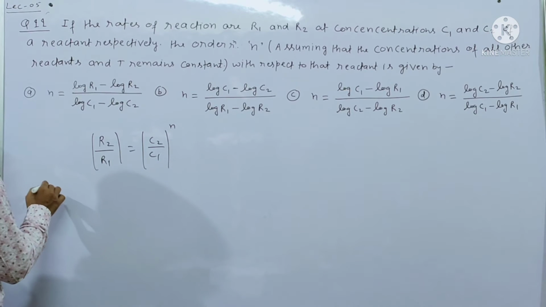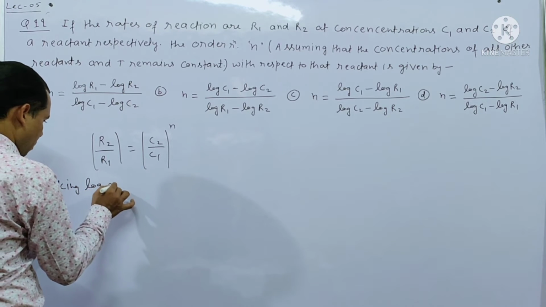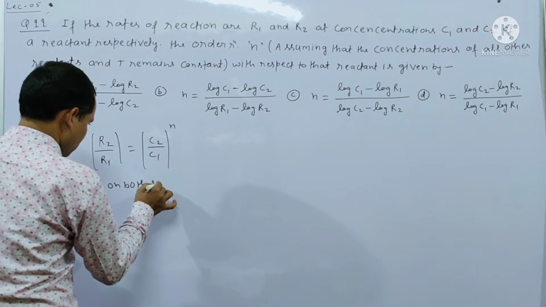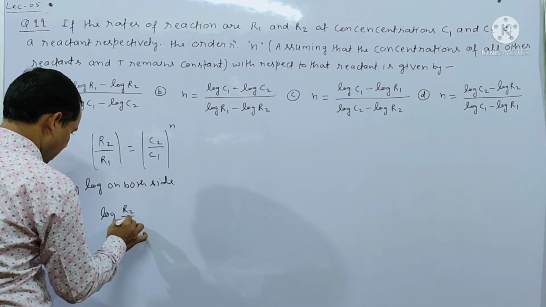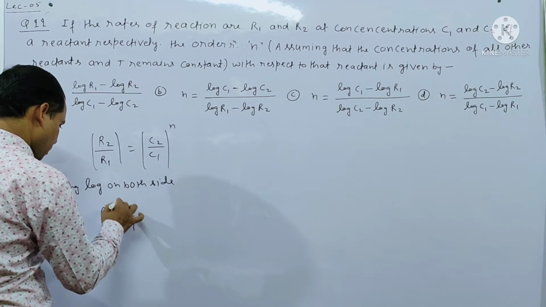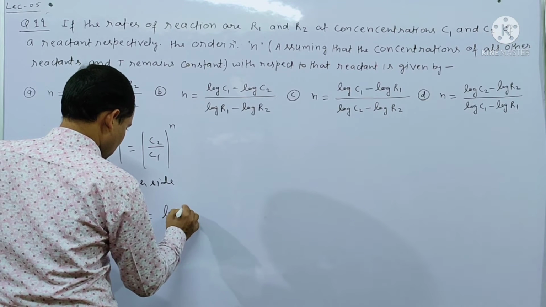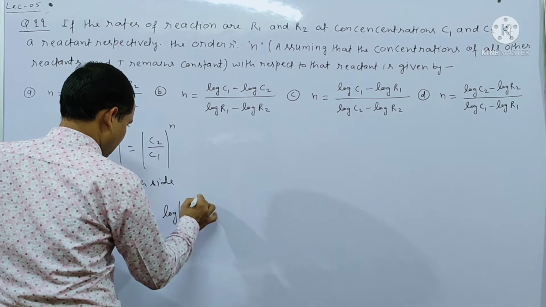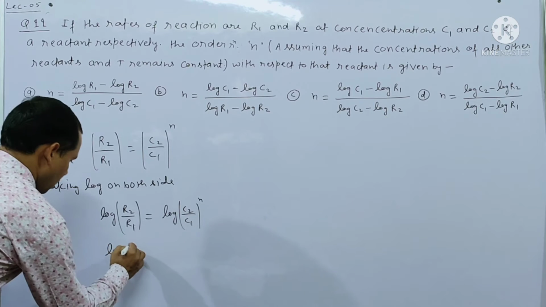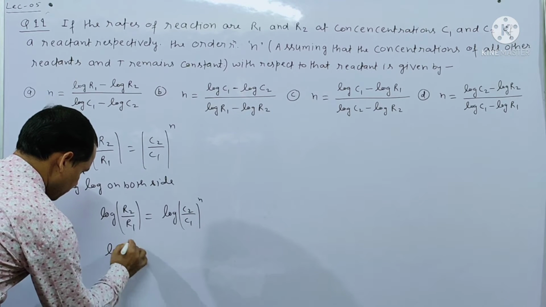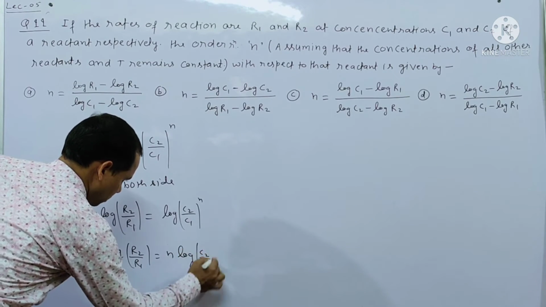Now, taking log on both sides, log R2 upon R1 equal to log C2 upon C1 to the power n, and it becomes log R2 upon R1 equal to n log C2 upon C1.